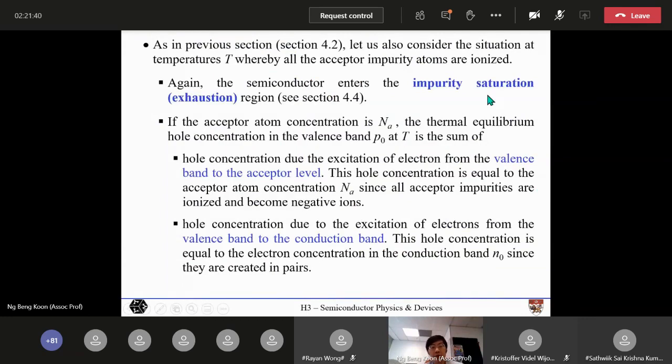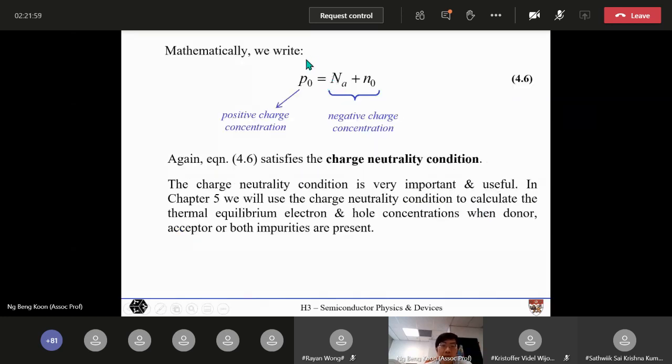So similarly, if you have all the boron atoms ionizing, then we call this impurity saturation, right, where it's all ionized. The source of the holes comes from two parts: the impurity atoms and the band-to-band transitions. Being the larger number for the holes compared to the electrons, we call the holes the majority carrier in this case, and the electron is now a minority carrier.